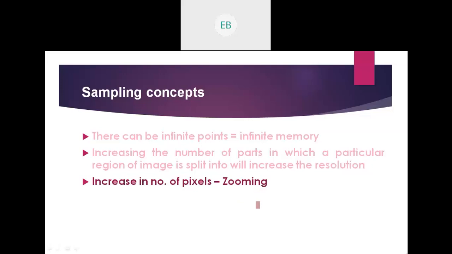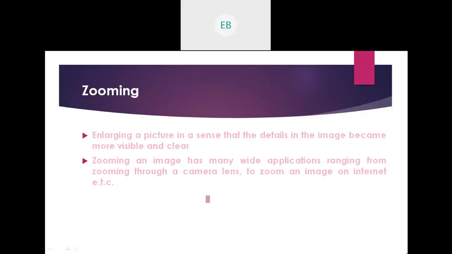The sampling you understood now, so back to zooming. Zooming is nothing but increasing the number of pixels of a digital image. Zooming means enlarging a picture in the sense that the details in the image become more clear and visible.